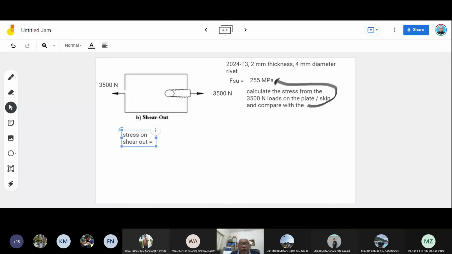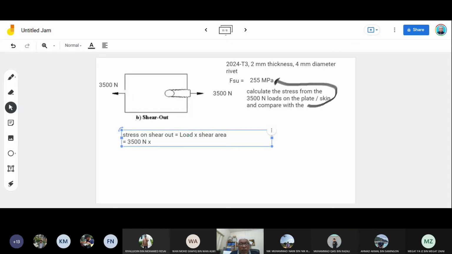It will be load divided by shear area, where the load equals 3,500 Newton.